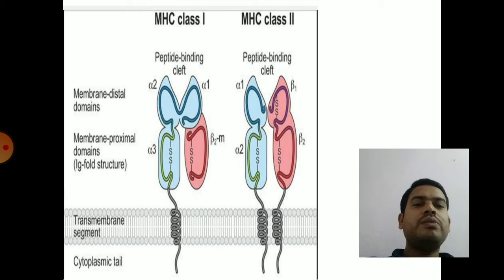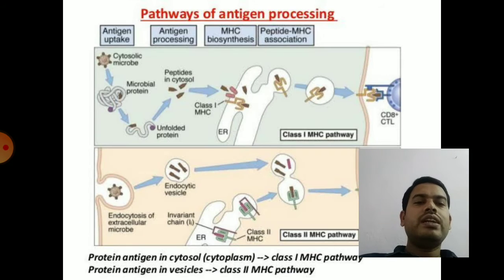Both are transmembrane segments, and you can clearly see the peptide binding cleft present between the alpha 1 and alpha 2 loops in MHC class 1, and between the alpha 1 and beta 1 loops in MHC class 2, and both structures are stabilized with the help of intrachain disulfide bonding. So those are the differences between class 1 and class 2 MHC molecules.